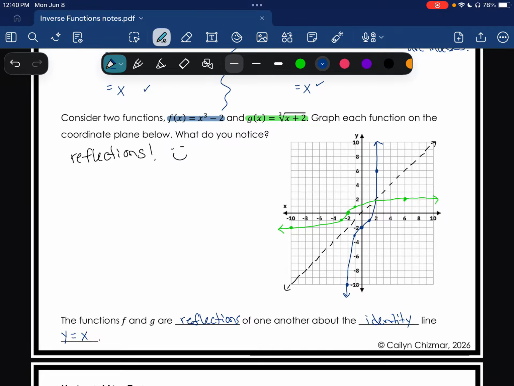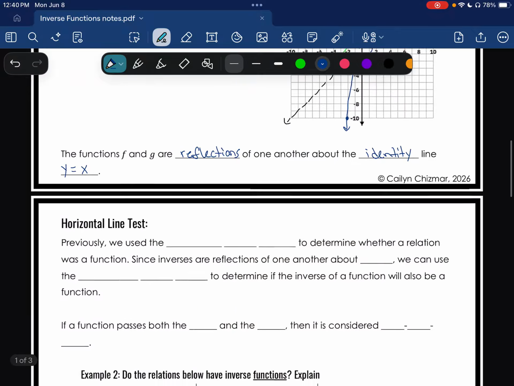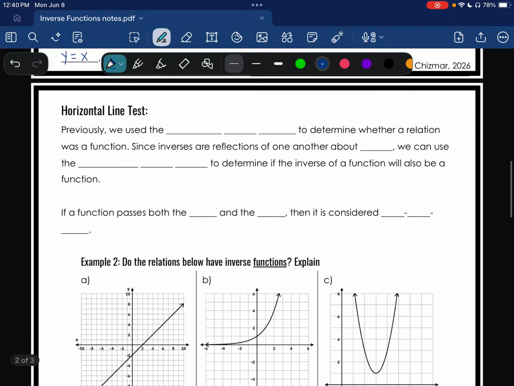Since inverses are reflections of one another about the line y equals x, we can use the reflection of a vertical line about that line, which would be a horizontal line, to test whether the inverse of a function is also going to be a function. So this is important. Every relation has an inverse, but not every inverse is also going to be a function. So that's what we're concerned with here with the horizontal line test: not whether the inverse exists, because it does, but whether it is a function.